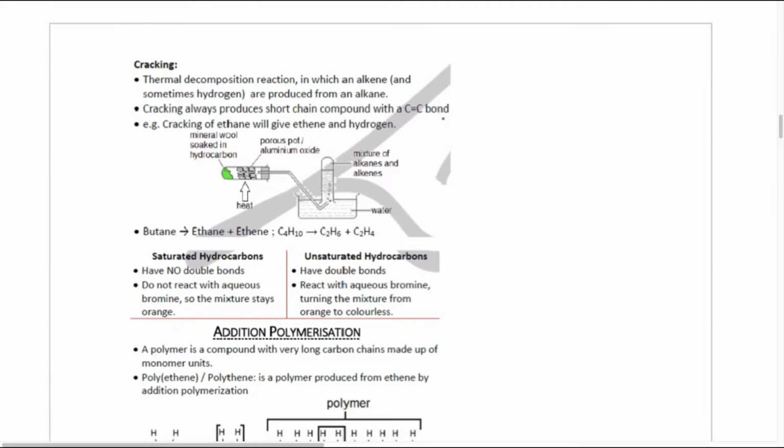So that means cracking always produces alkene as one of the products. Alkene must be there. Is alkane a must product or compulsory? Alkane no, but alkene must be one of the products.